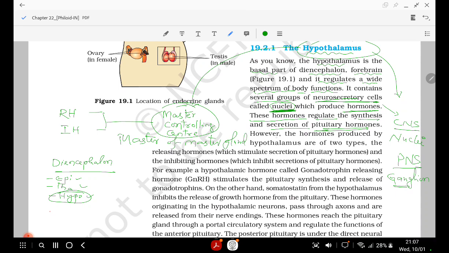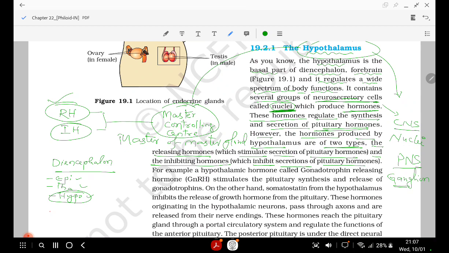However, the hormones produced by hypothalamus are of two types. One is the releasing hormone, which stimulates secretions of pituitary hormones, and the other is the inhibiting hormone, IH, which inhibits secretions of pituitary hormones.